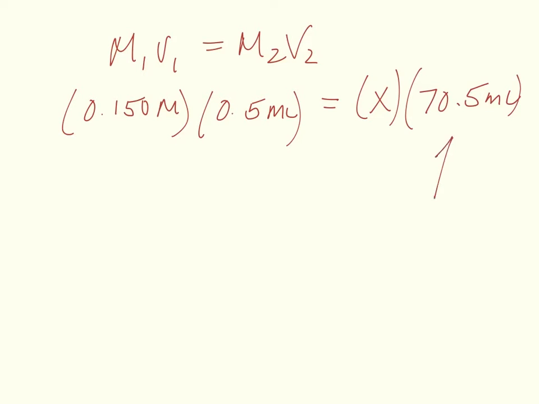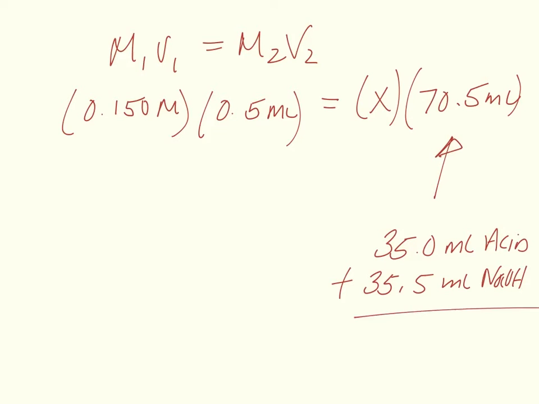Where does that 70.5 come from? Well, we have 35 milliliters of acid, that's the acetic acid, and to that we've added 35.5 milliliters of sodium hydroxide. And so we get 70.5 milliliters total.